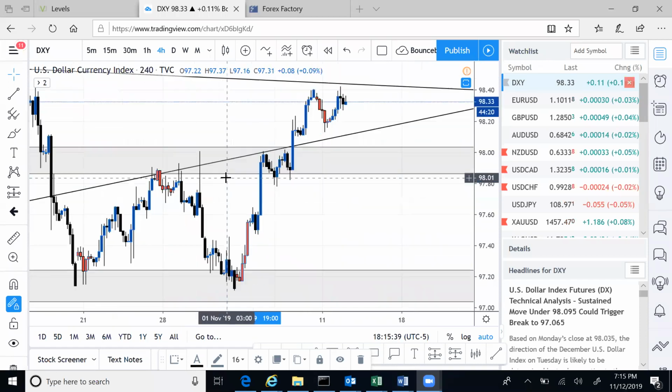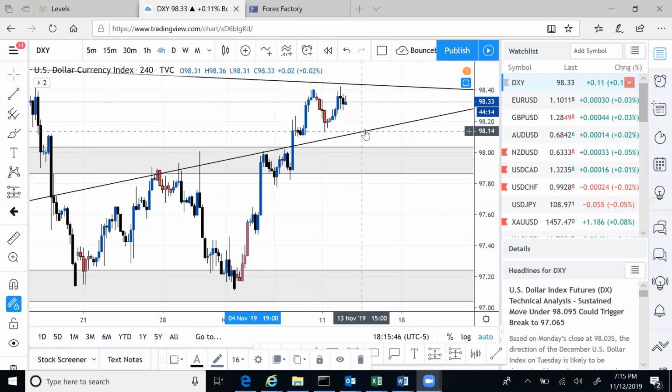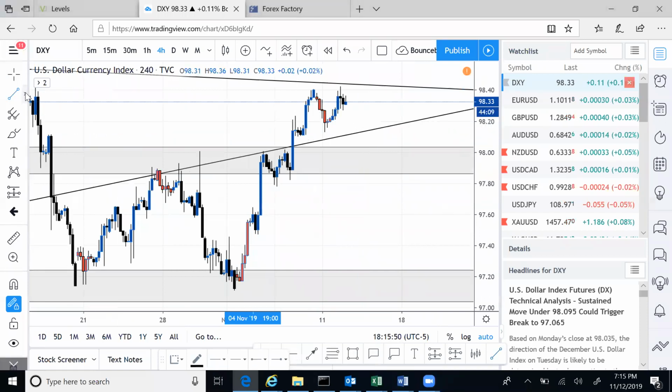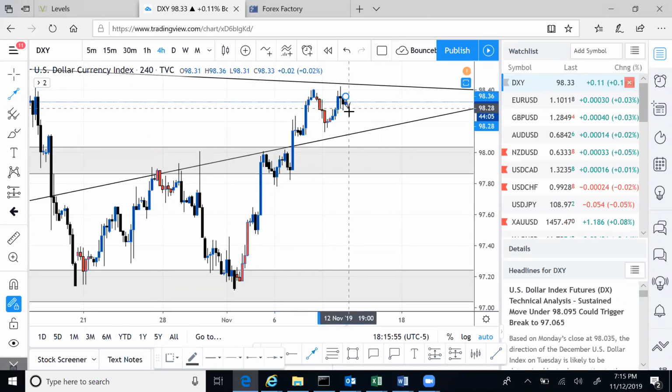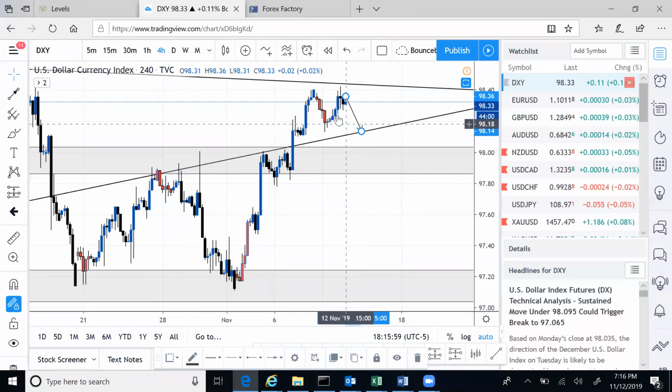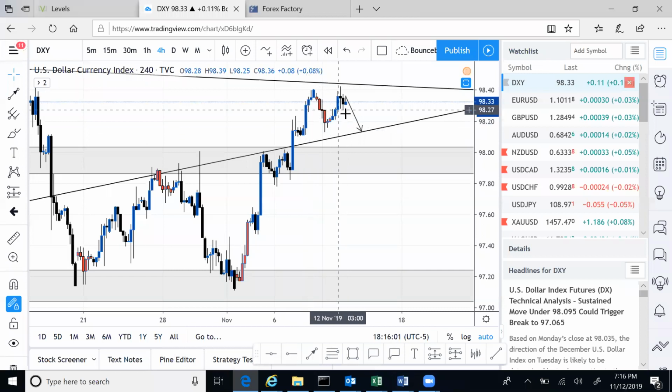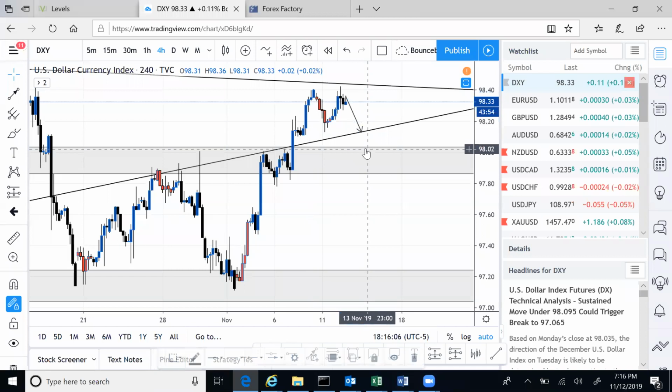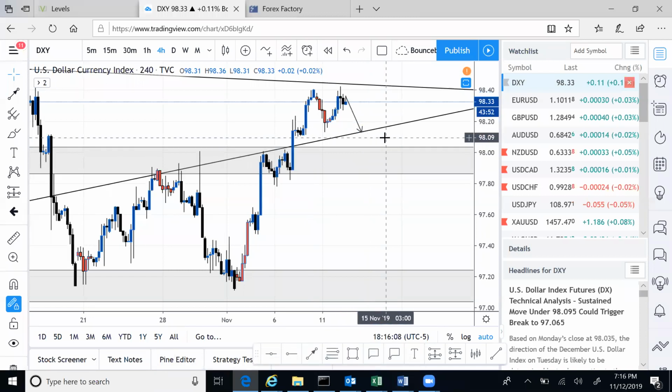For example, if I look at this, it looks like an M pattern forming here, so I am looking for this to sell to this trend line. And you guys will learn this, so if you don't understand that this is an M right now, it's okay. We could see an M pattern forming and it's going to finish here on the trend line. We don't know for sure, but our first target is the trend line.